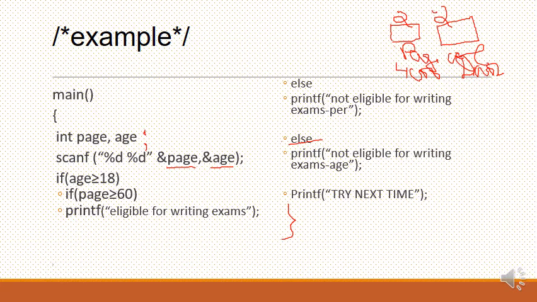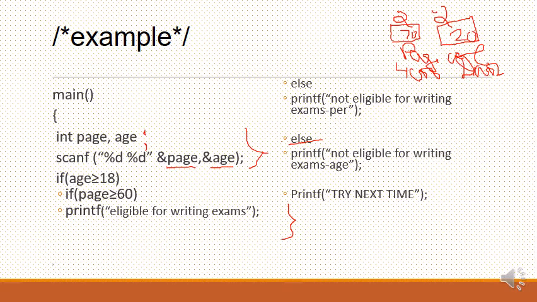Okay, so we will see it once again. That means I want to explain to you. I think all of you are perfect, so it is not necessary, but we will take one example here. I will take the percentage as 70. Okay, age is 20 we will take.